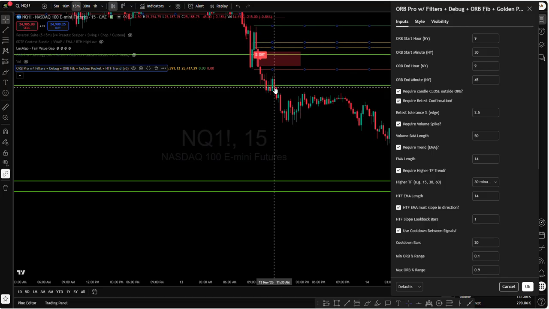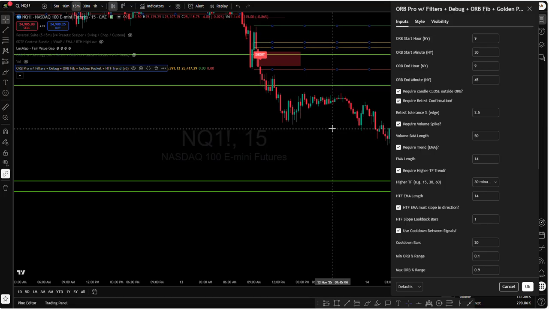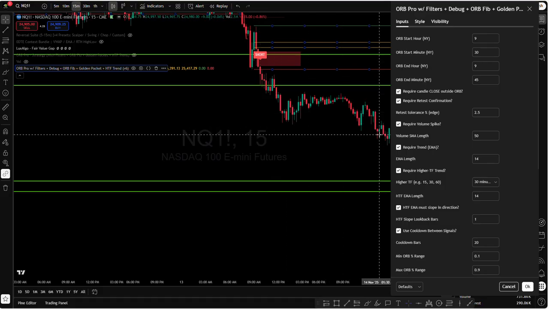Even though this started to happen, the indicator would still come on because this is where it initially broke out, and we have a for sure confirmation that this is going to be a strong move to the downside, and it was. This was November 13th, and this was a very profitable day.